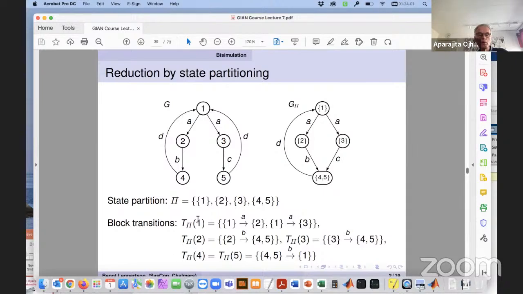After one iteration, we can see that 4 and 5 have the same transition, because they are in the same block and have the same future, namely state 1, with the same label. So this is once again a fixed point iteration.